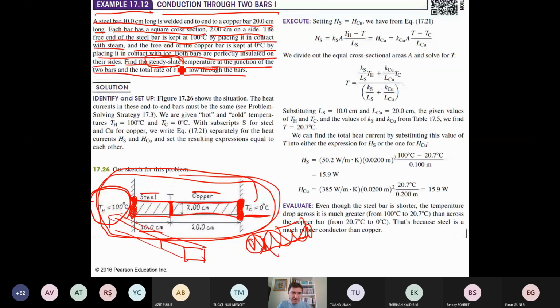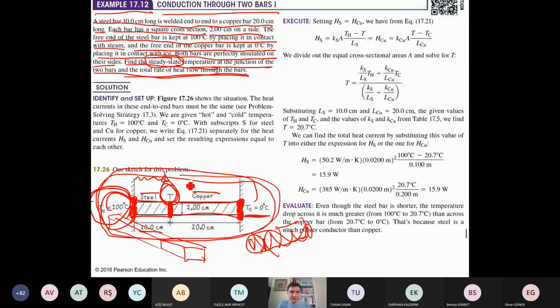What is the junction? Junction is this part, okay? So what is the final temperature of this junction? And what is the total rate of heat flow through the bars? So there will be heat flow from this side to this side, okay?